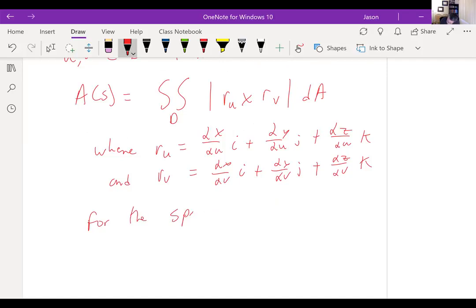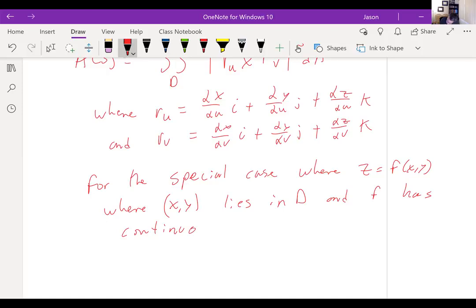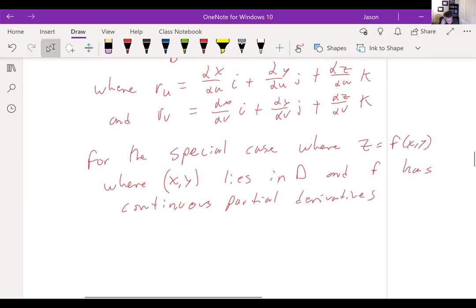For the special case where z equals f of x, y, where x, y lies in D, and f has continuous partial derivatives, then we would say x equals x, y is equal to y, and z is equal to f of x, y.